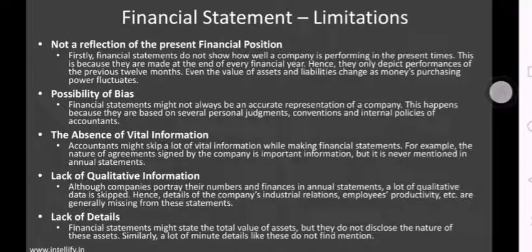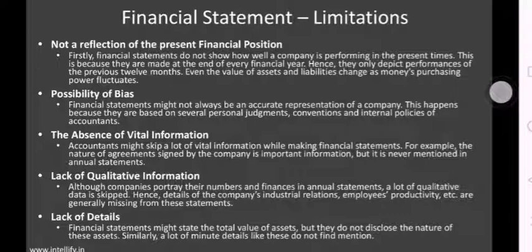Now we come to the limitations of financial statements. See children, it is not a reflection of the present financial position. Always remember that the financial statements which we prepare are for the previous year. For example, in 2021 you will be preparing the financial statements of 2019-20, so it does not show the present financial position.